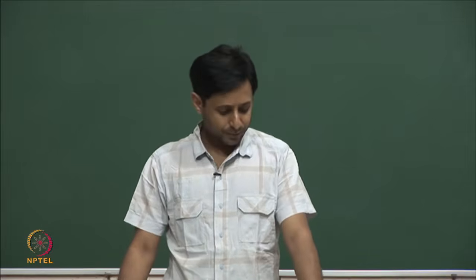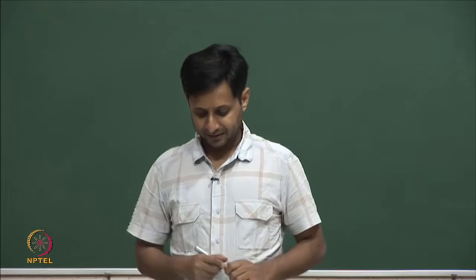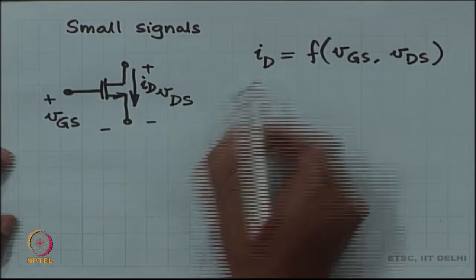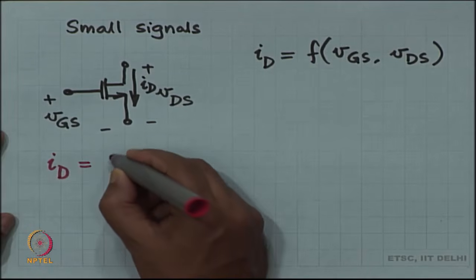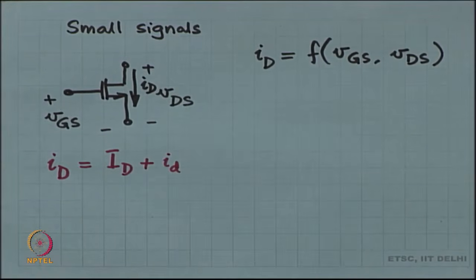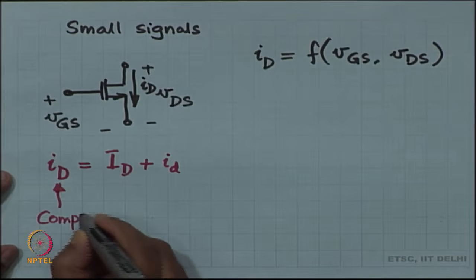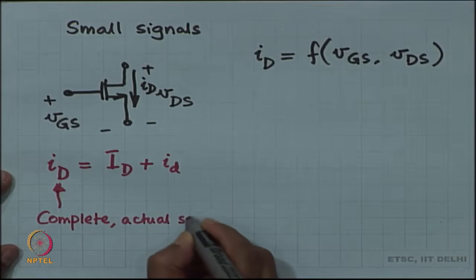Now, what we are going to do is something called Taylor series. You have learnt this in maths, and we are going to say that all these small letter subcapital letter like ID can be broken up into a capital subcapital and a small sub small. So, this is going to be our terminology. The small subcapital is going to be the complete, actual signal.